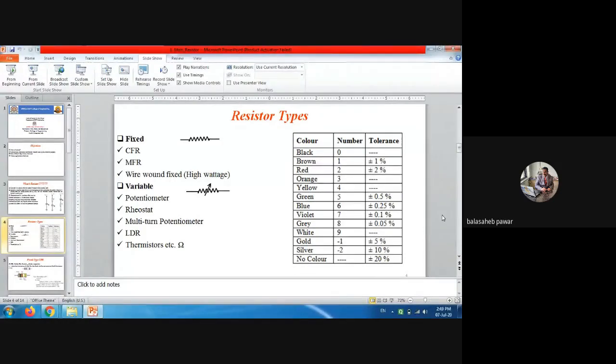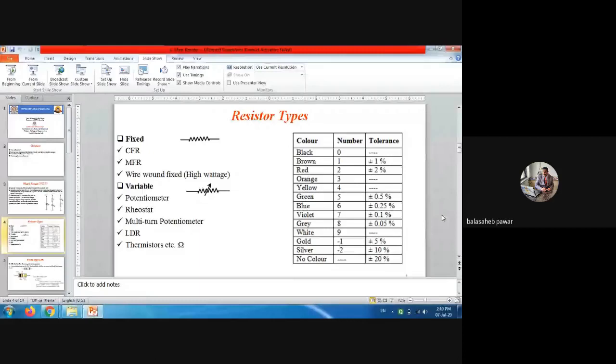We were doing calculations only for the resistance of that resistor, but we never considered whether the selected resistor, as a current limiting device, will really sustain in that circuit or not. Sustain means it will really handle the power there, and that's why the power handling capacity of the resistor is just as important as its resistance calculation. Clear? How it is calculated and how it is useful, we will also discuss. Don't worry.